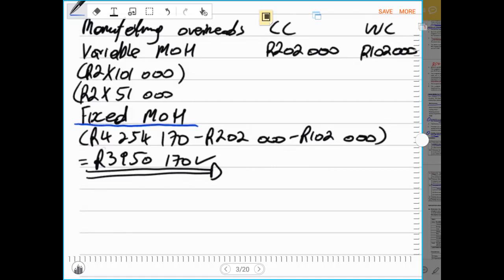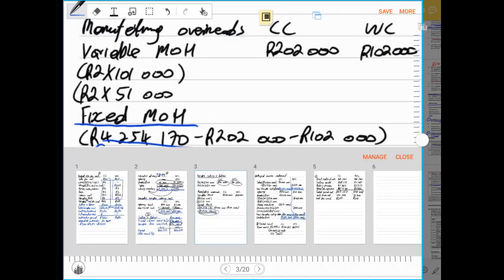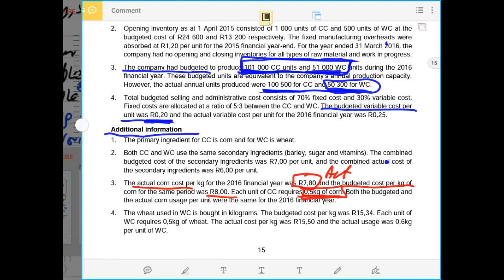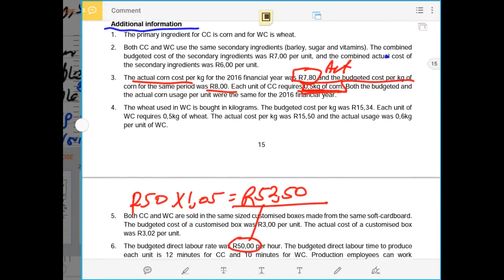It gave us 3,950,170, and I just left it like this because it raised a question, because we were already provided with the fixed manufacturing cost, which was already given to us as 200,000. So it was supposed to be in line with the opening balance, so I just ignore that.